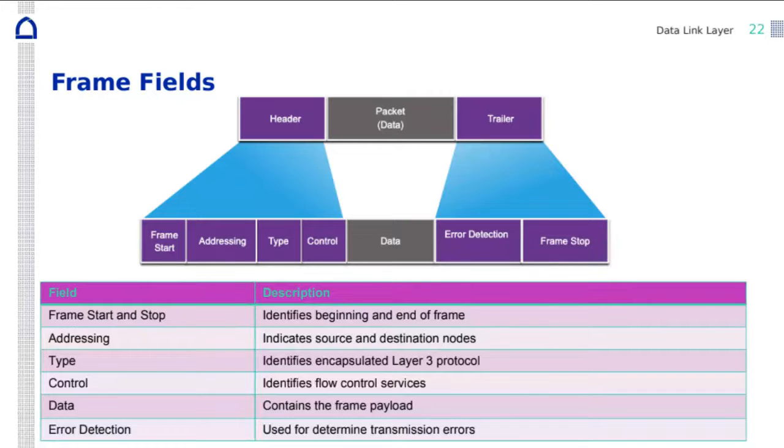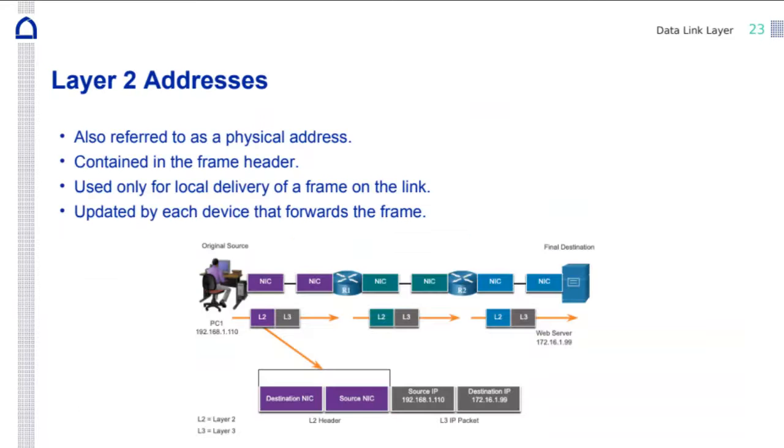The checksum for error detection, and it has the frame stop. The layer 2 address, or physical address, is contained in the header. It's used only for local delivery of the frame, and is updated by each device that forwards the frame.